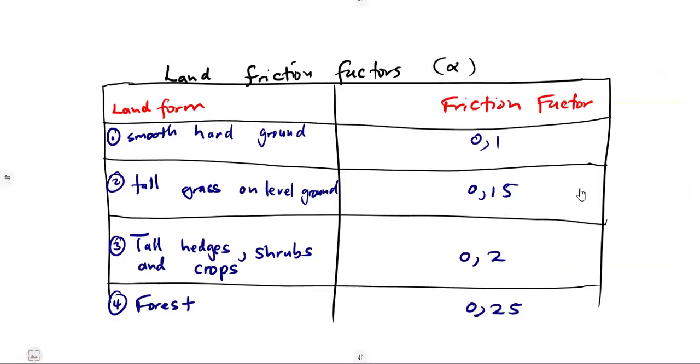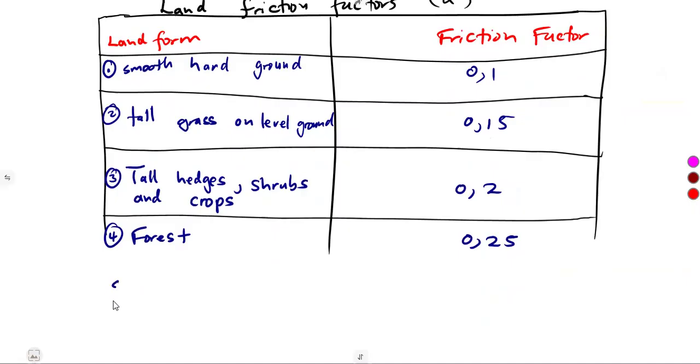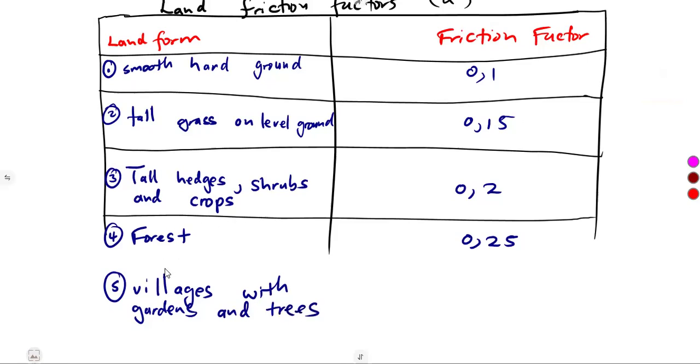We also have conditions of villages with gardens and trees. Let's say we are in the village. When we are given such a landform, approximately that will be 0.3.